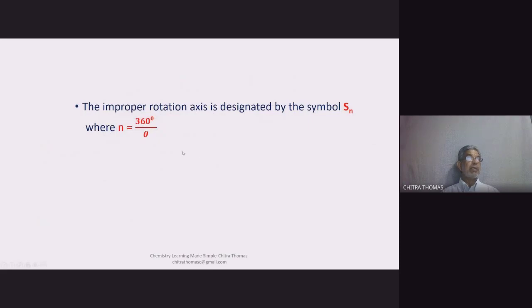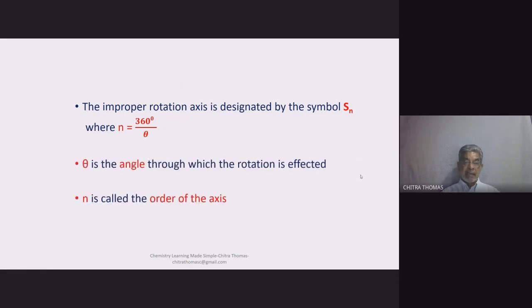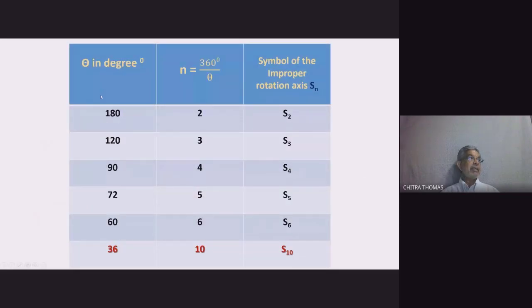The improper rotation axis is designated by the symbol Sn, where n is equal to 360 by theta, just like Cn. Theta is an angle, and n is called the order of the axis. If it is 180, this is S2; 120, S3; then S4, S5, S6. Additionally, we have S10, where n is equal to 10 and theta is equal to 36.